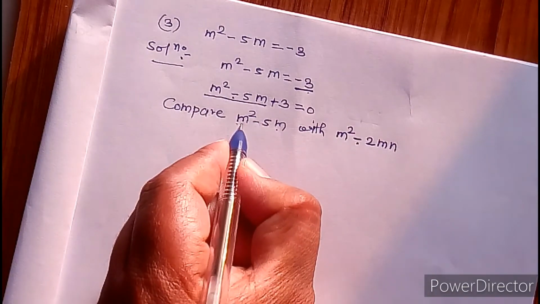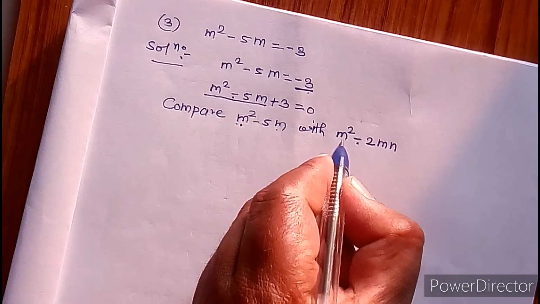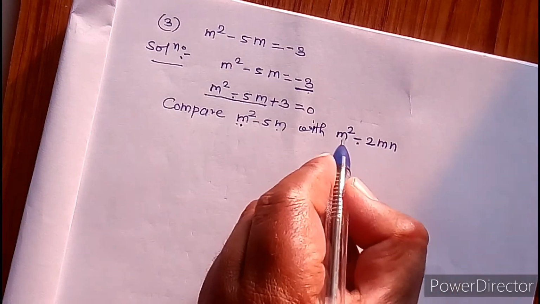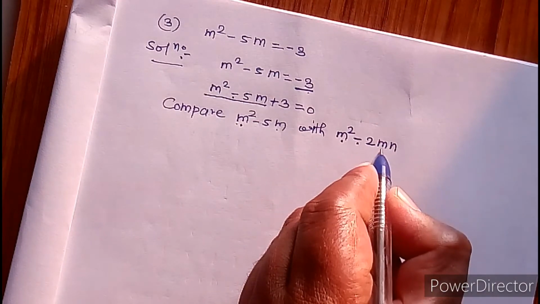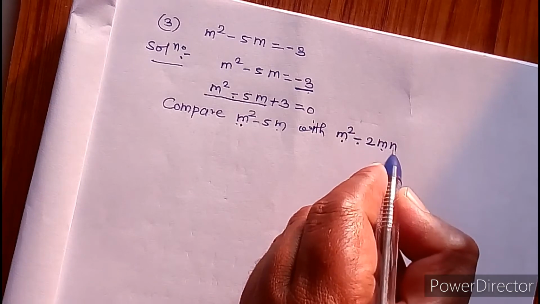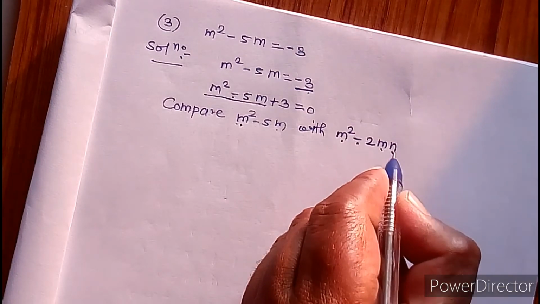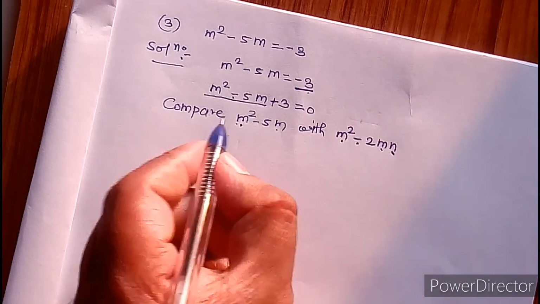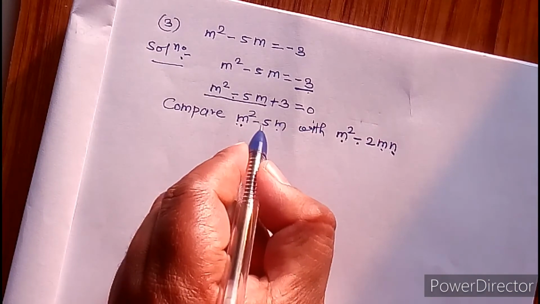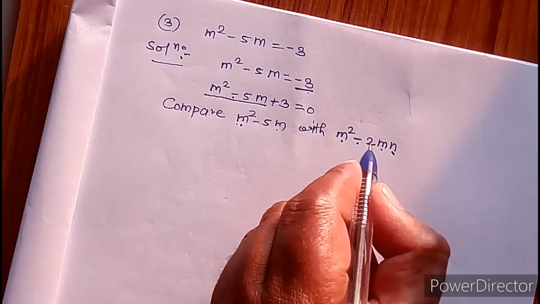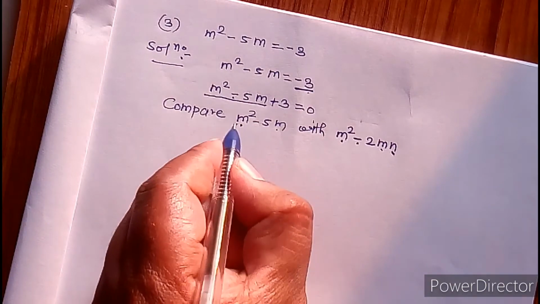Now the x square is replaced by m square, therefore here comes m square. Now instead of m we are using m, and the variable next to m is n, therefore we are using n.